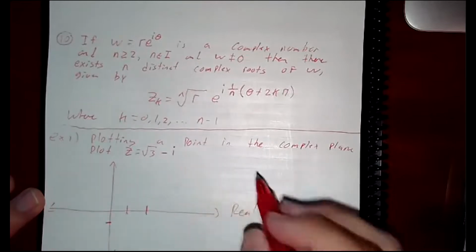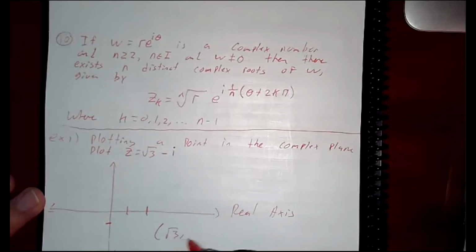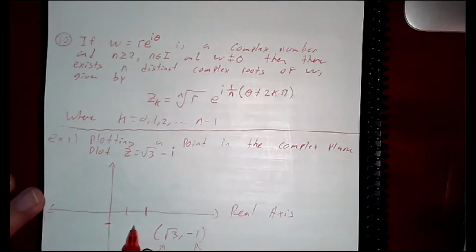So treat this as square root 3 comma negative 1. So this is the imaginary component. This is the real part. So you go down negative 1 and out to about 1.7.